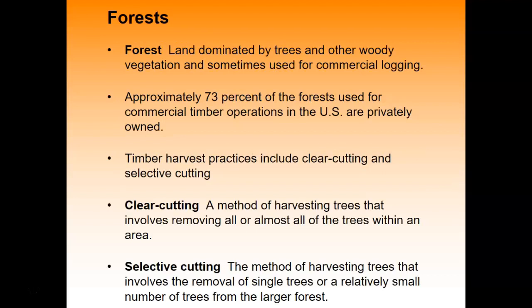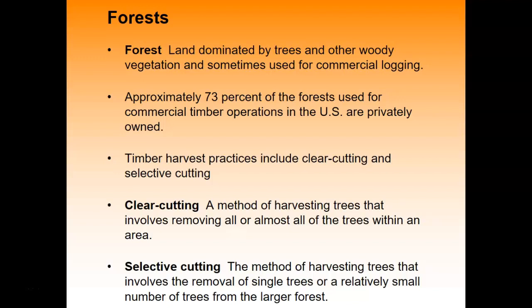There are a couple of different ways that we can manage forested areas and a couple of different methods of harvesting trees. When we talk about clear cutting, that is the most destructive way of logging. It's also the cheapest way to do it. So a lot of companies will go for that method, right?